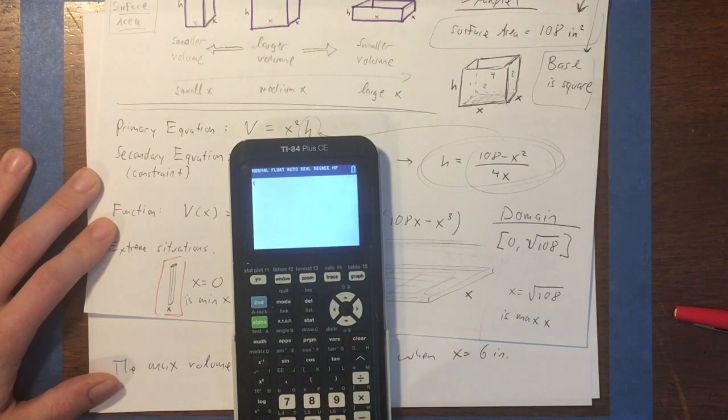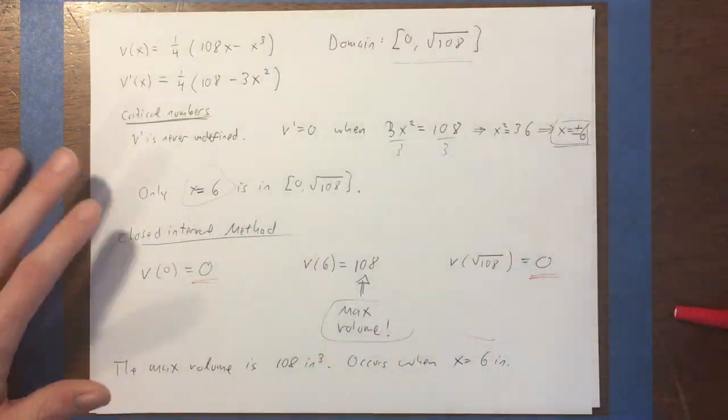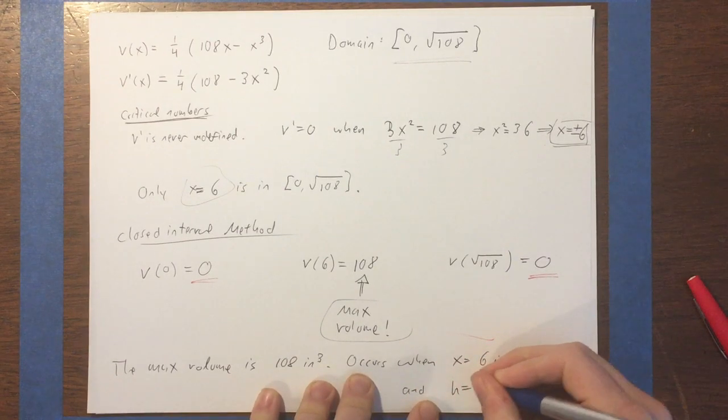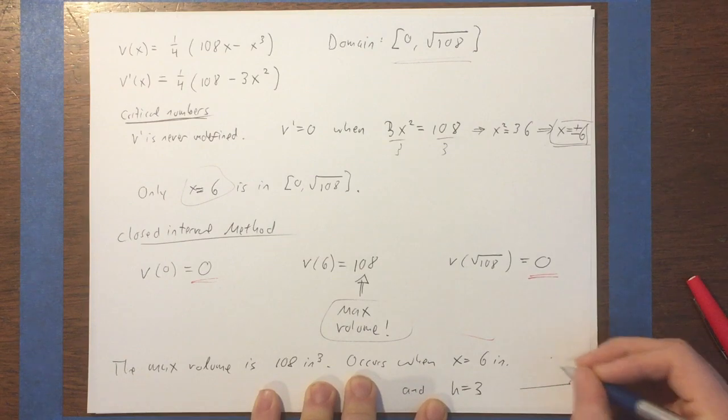I'm going to do 108 minus 6 squared, and then all divided by 4 times 6. And that is 3. So it occurs when x equals 6 and h equals 3. So we have a 6 by 6 base with a height of 3.